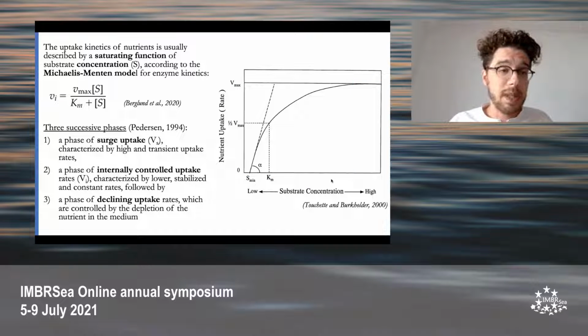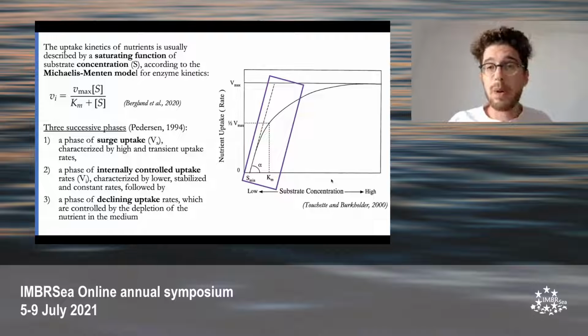And as an uptake normally goes, you have three successive phases, starting with the surge uptake, characterized by high and transient nutrient uptake, then followed by the internally controlled uptake phase, characterized by lower, more stabilized and constant rates, and finally, when either the nutrient is depleted in the medium or the organism is saturated, these uptake rates decline.